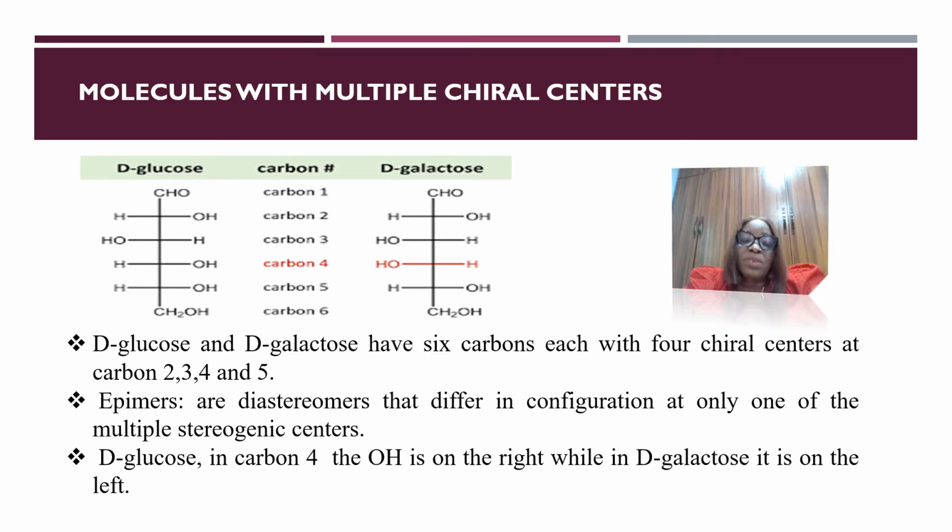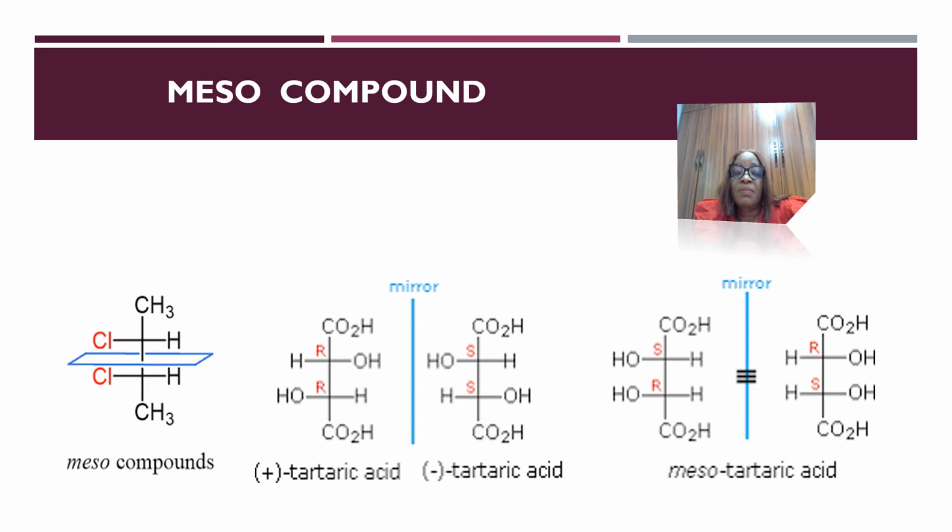For D-glucose at carbon 4, the OH group is on the right, while in D-galactose, the OH group is on the left. So these are examples of multiple chiral center molecules, D-glucose and D-galactose.